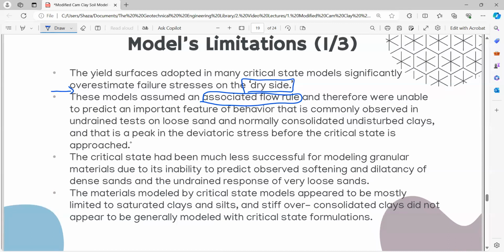Also, the materials that are modeled by critical state models are limited to saturated clays and silts. That's why we call it the Modified Cam-Clay model. It is mainly applicable to saturated clays. So if you are dealing with another type of soil, it is recommended not to use this model in your analysis.